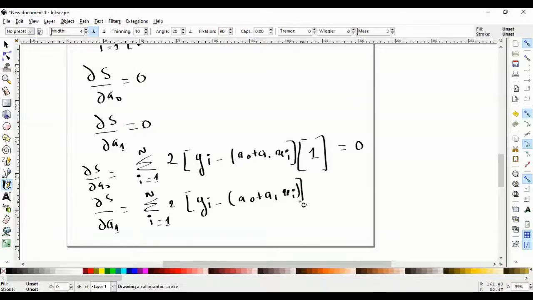And here, deriving with respect to a1, I get xi.